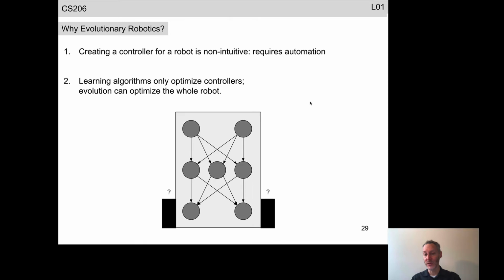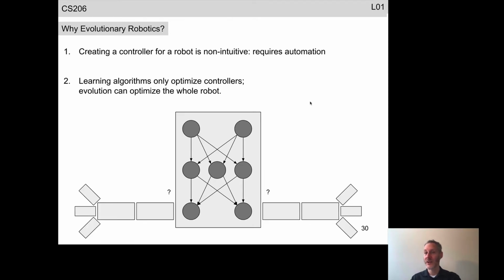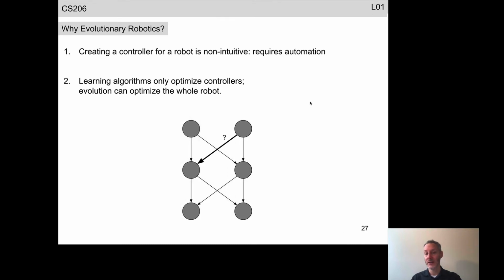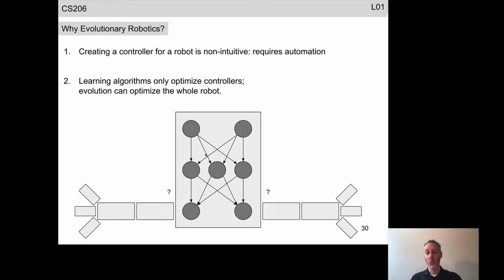So for example, depending on what we want the robot to do, should it have wheels or should it have legs? Can we create an optimization method that can simultaneously search for the right body at the same time that it's searching for the right kind of brain, and at the same time tuning the connections within that brain? So one of the things I like about evolutionary algorithms, again, is it's sort of the broadest of all machine learning algorithms. Okay.